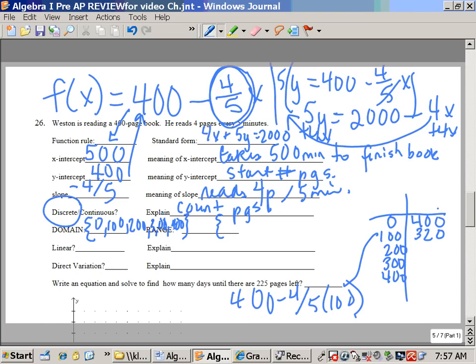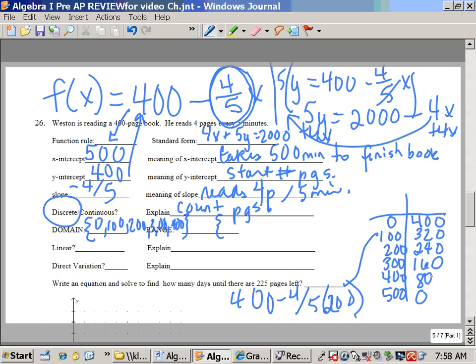Okay, then the next one, I do the same thing and I change this to a 200. 200 gives me 240. What are we decreasing by each time? Going down by 80. So 300 is going to be 160 and 400 is 80. Uh-oh, and after 500, how many pages do I have left? 0.